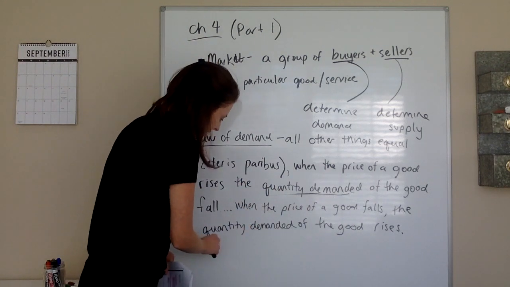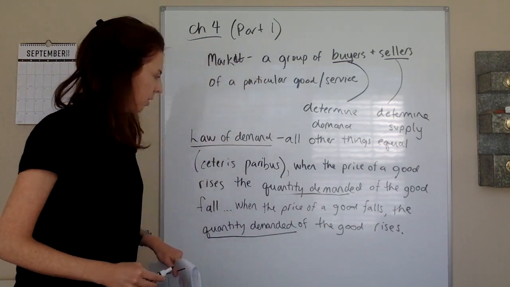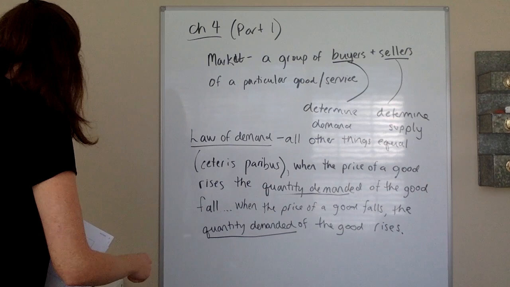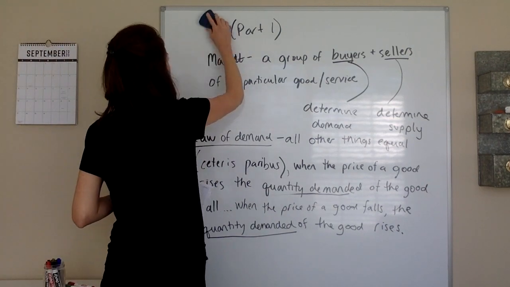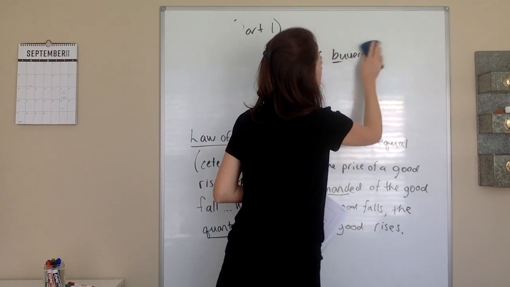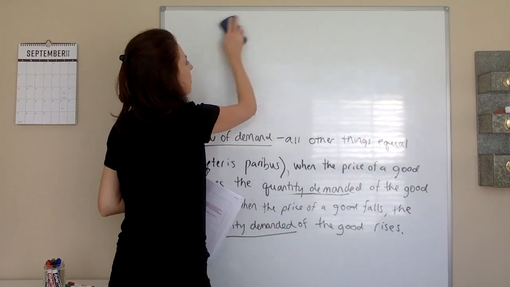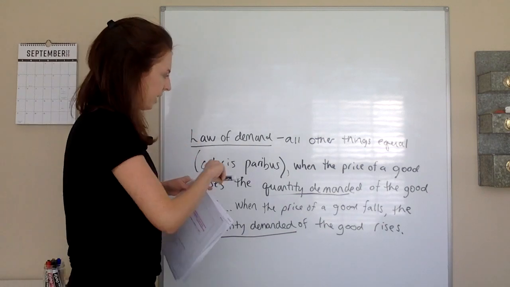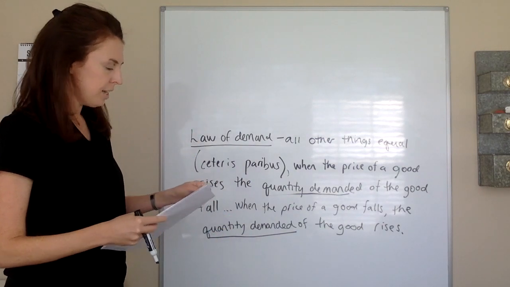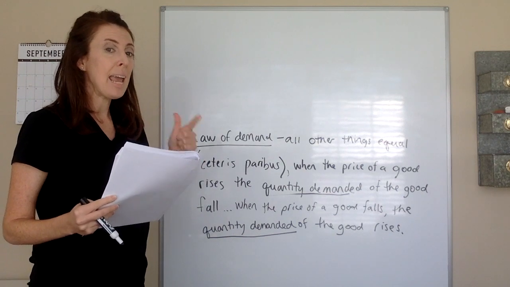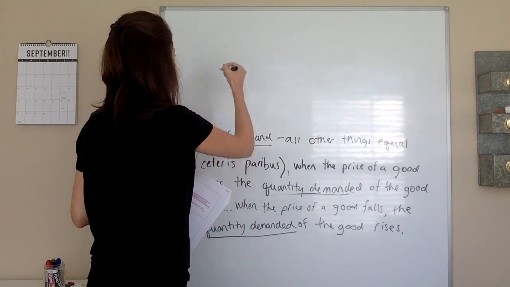Okay, there's an important term here that I'm using over and over again. It's quantity demanded. And I'm going to make sure you have this definition because it's fairly intuitive, but there's kind of a nuanced element of it that I want to make sure is clear. So quantity demanded is the quantity of a good that buyers are both willing and able to purchase. So this is important.